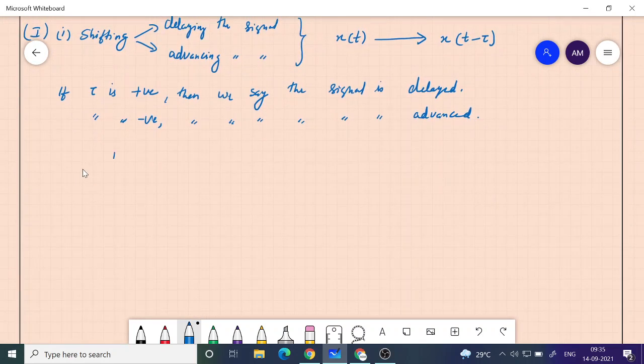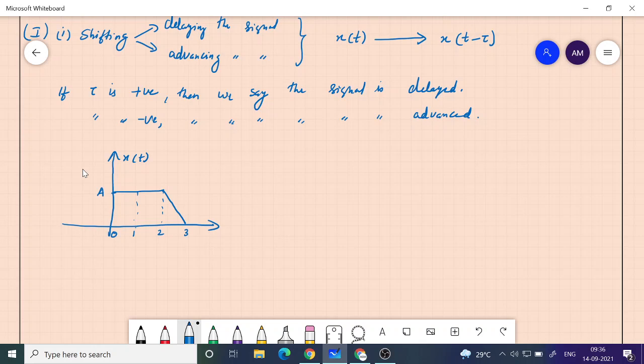Let's draw some finite duration signal. Okay, so something like this. So this is 0, this is 1, 2 and 3, and it has some amplitude, let's say A. So this is our x of t.